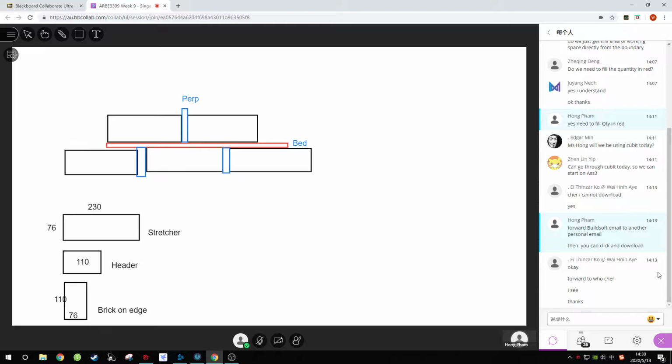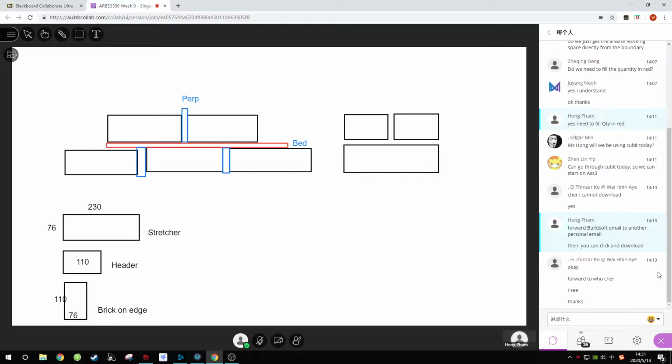Okay, just now it's a fish shell. Okay, this is perpen. Let me show you. Let's say you have this brick wall. If I got 2 brick walls here, then I got another brick wall here.